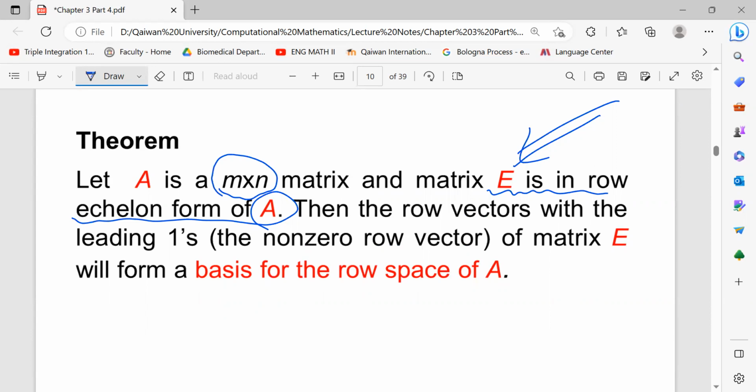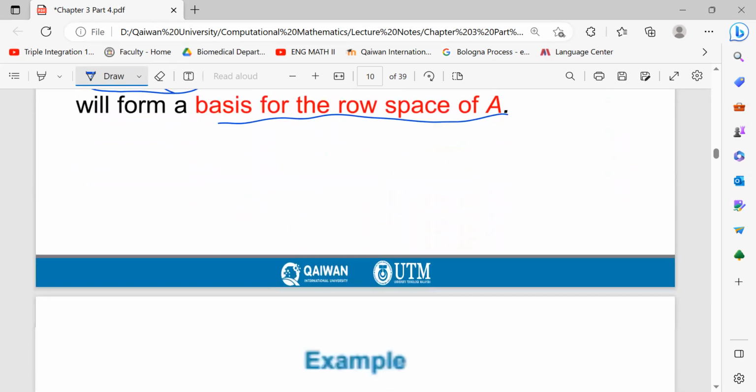If we change A to reduced row echelon form, we get a matrix. That matrix is E. Then the row vectors with the leading ones, all those rows which include the leading term 1, the set of those rows is called a basis for the row space of A.